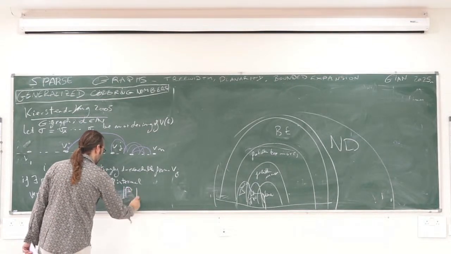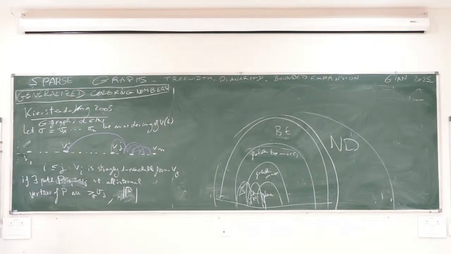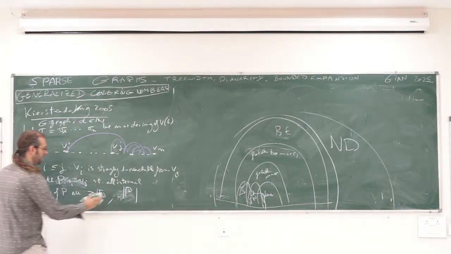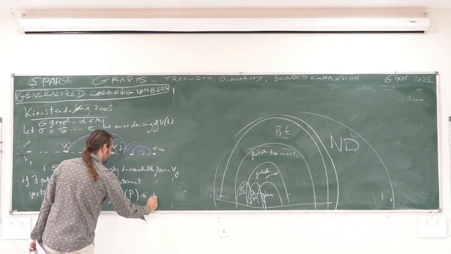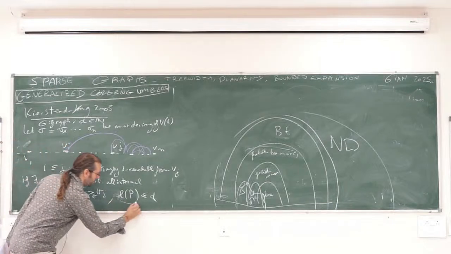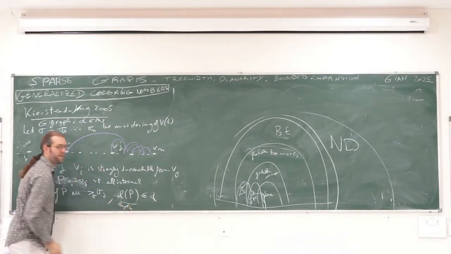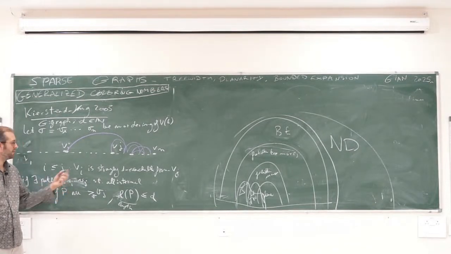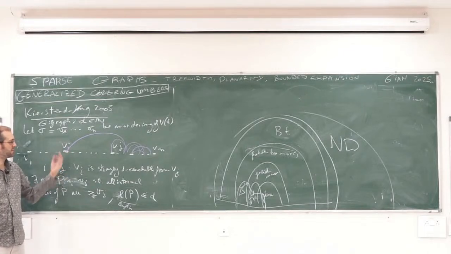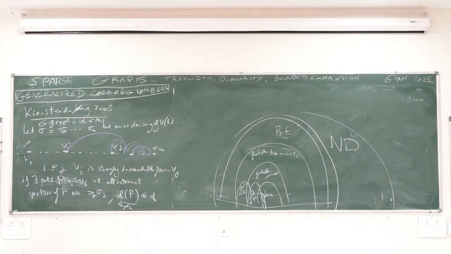Let's write like this. You might think it's the number of vertices, so let's say the length of P. This is the length. Length meaning the number of edges. Okay, so this is called strong reachability, d-reachability. You see it's a bit strange, but observe that if you take d equals 1, it has to be a left neighbor, right? Because the paths are short. So it generalizes this degeneracy business.